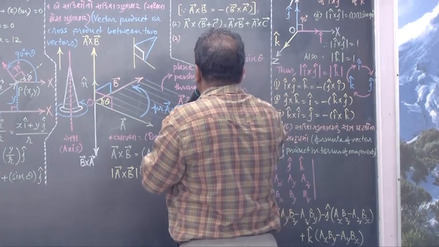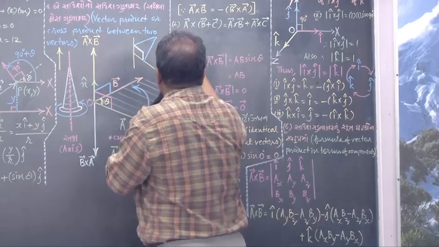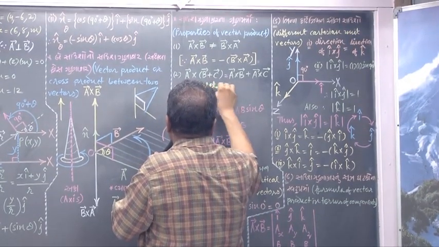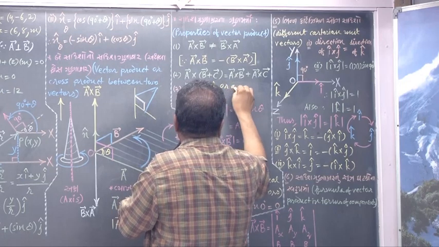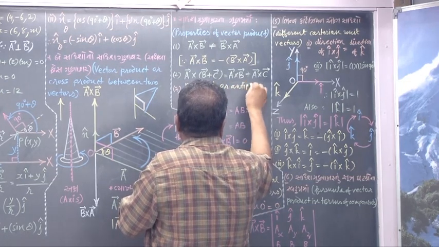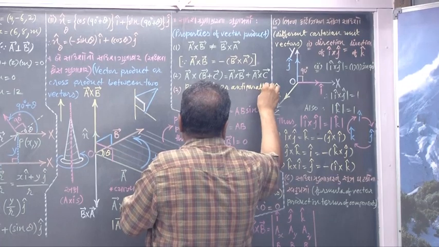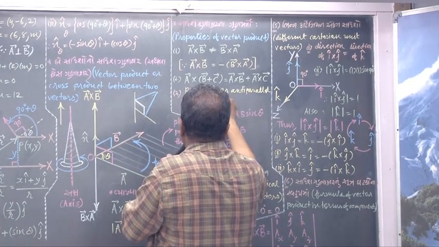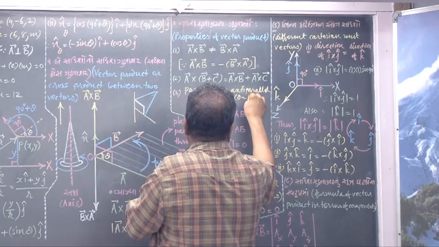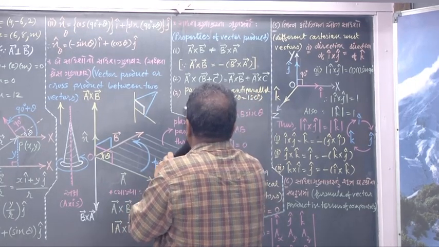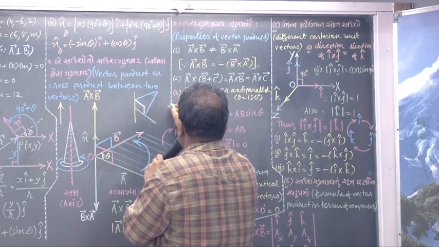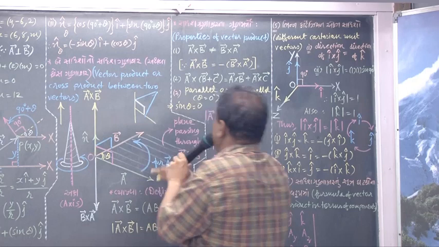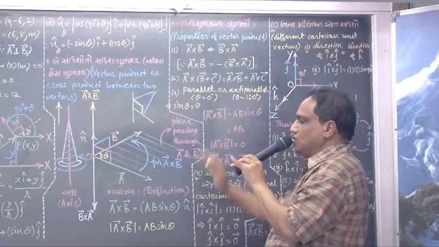If two vectors are parallel, then theta is 0. And if antiparallel, then theta is 180. Correct? In both cases, sin theta is 0. Sin 0 is 0, and sin 180 degrees is also 0.